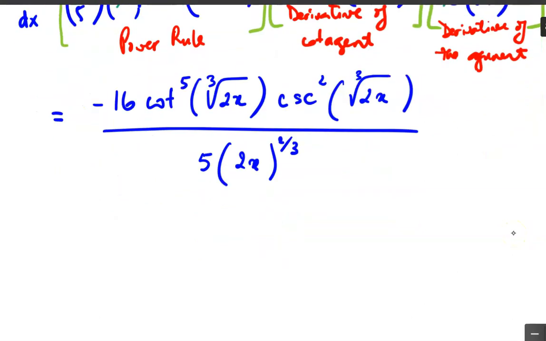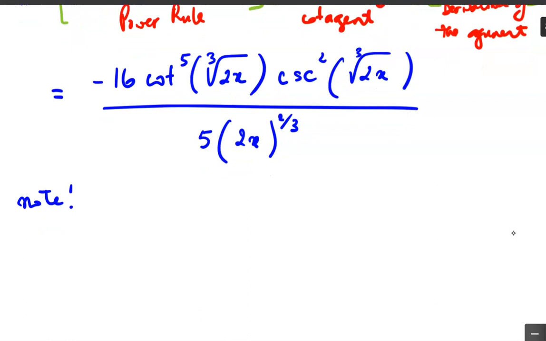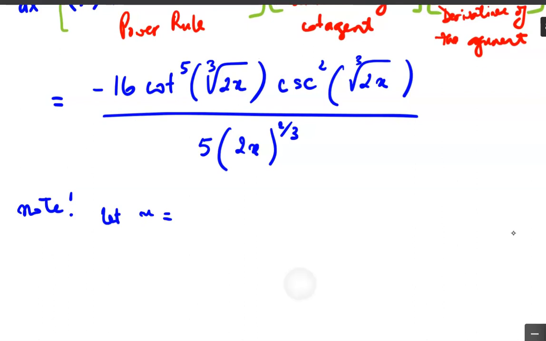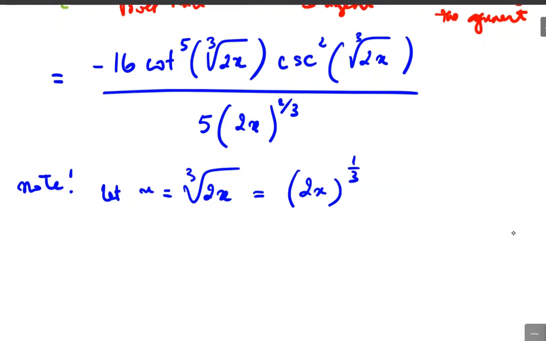Okay, so here's a note for everyone. So I let u equal to the cube root of 2x. Okay, then I write it like this: all of it to the exponent 1/3, and you can just leave 2x inside the bracket, and then you can differentiate. So du over dx. I've applied the power rule, so 1 over 3 times 2x.